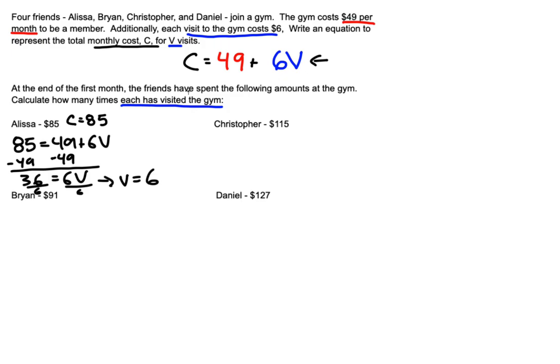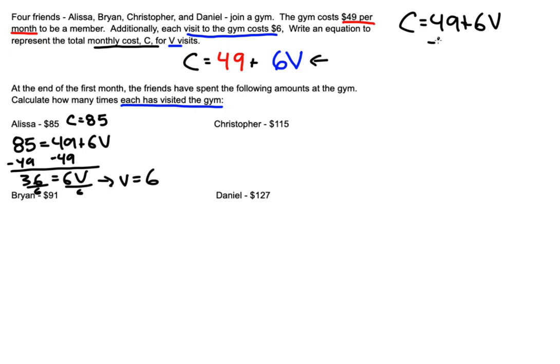The process of taking an equation and finding out what a different variable means is called doing a literal equation. And so let's do that right here. If we have C equals 49 plus 6V, and I want to solve for V, well, I would isolate V just like we would do normally.